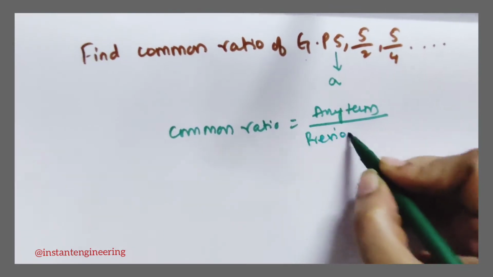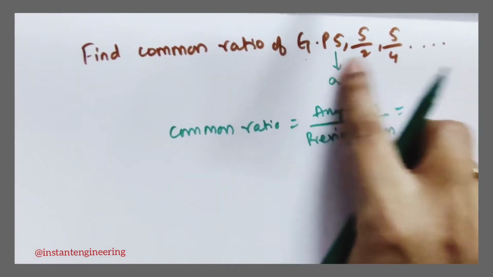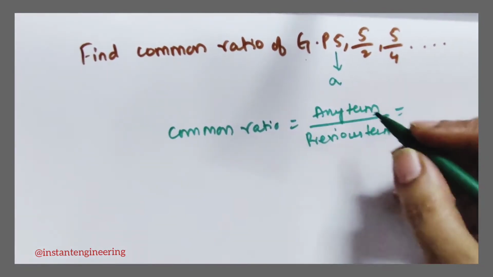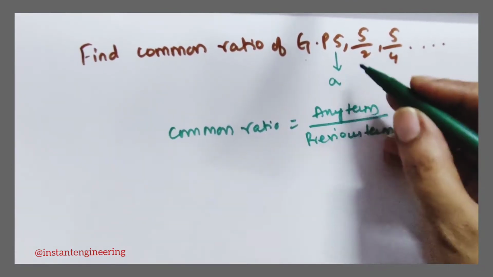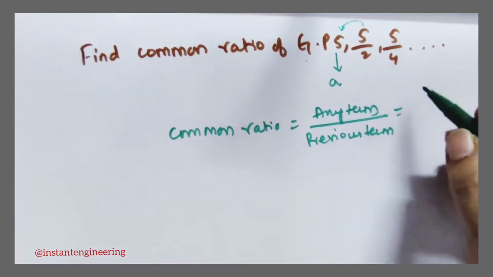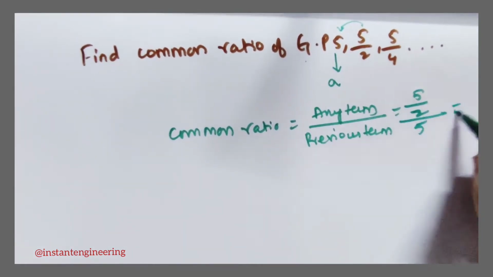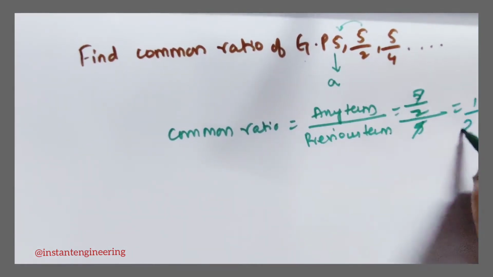So according to this question, you can take anything over here. First I'm taking these two. Taking the second term divided by the first term, 5 by 2 divided by 5. So this is nothing but 5 cancels, 1 by 2.